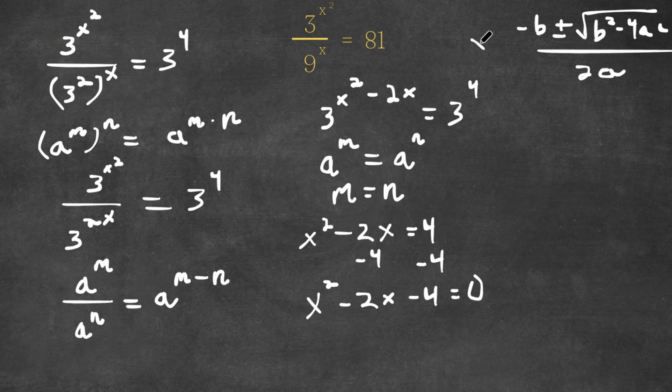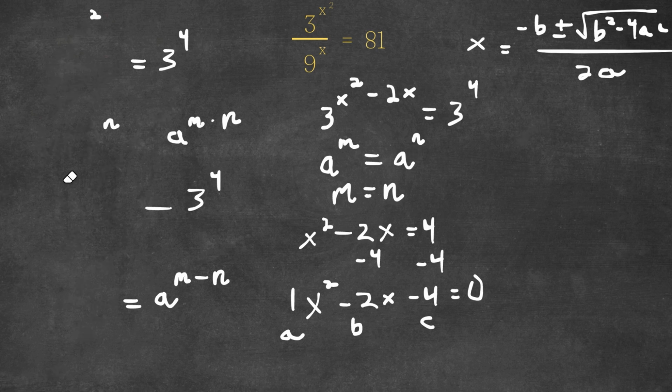So x is equal to this. So, well, in front of our x squared here is 1. So 1 is equal to a, negative 2 is equal to b, and negative 4 is equal to c. So now I need to plug these values into our quadratic formula.